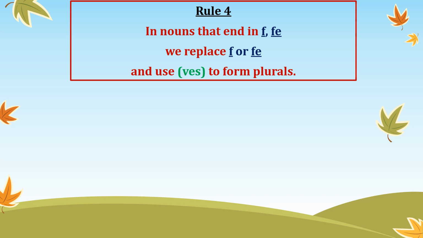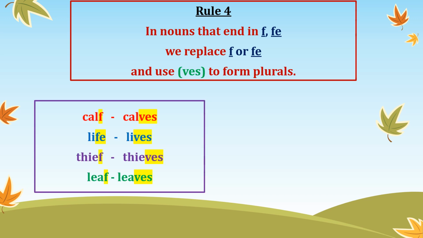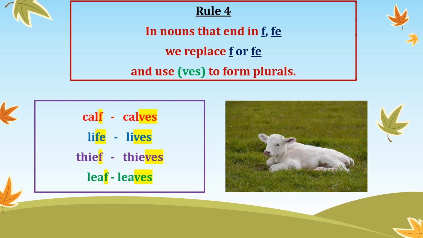So all you have to do is, if your noun is ending with F or FE, cut them and use VES. Let us see here in these examples. The first word here is calf. This word is ending with F. You just have to cut F and use VES.